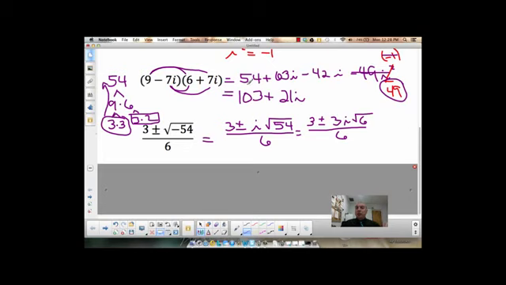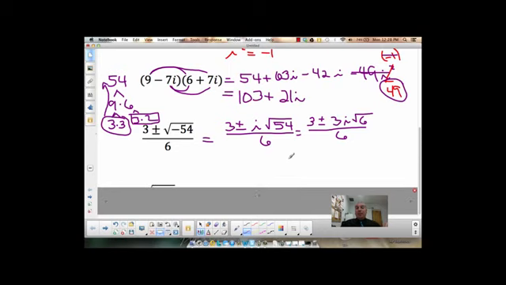Now remember how I said earlier, all complex numbers have to be written as a plus bi. That means I've got to break this thing apart. So I got to start working with the fraction a little differently. It might be better if I put it over here.